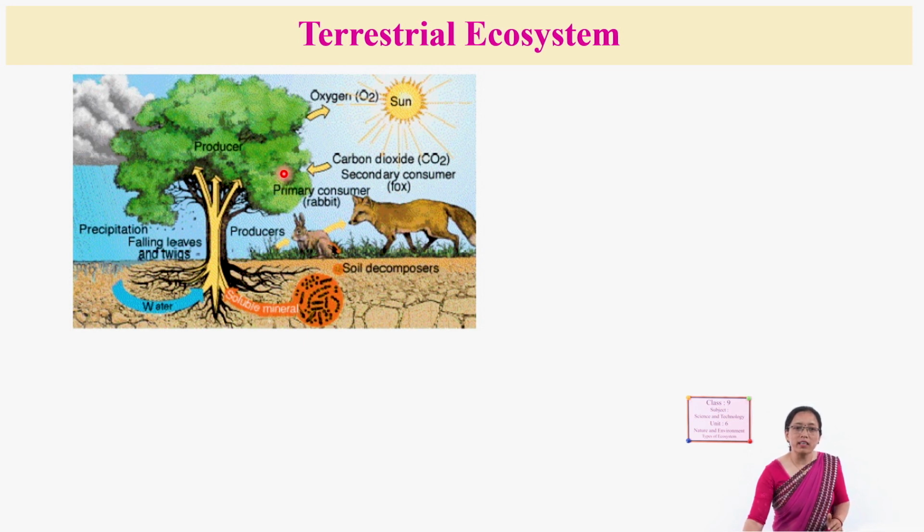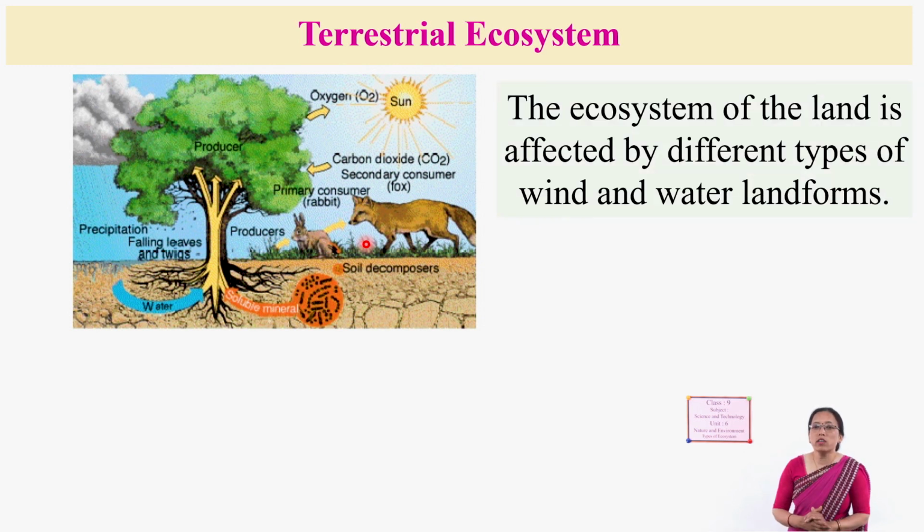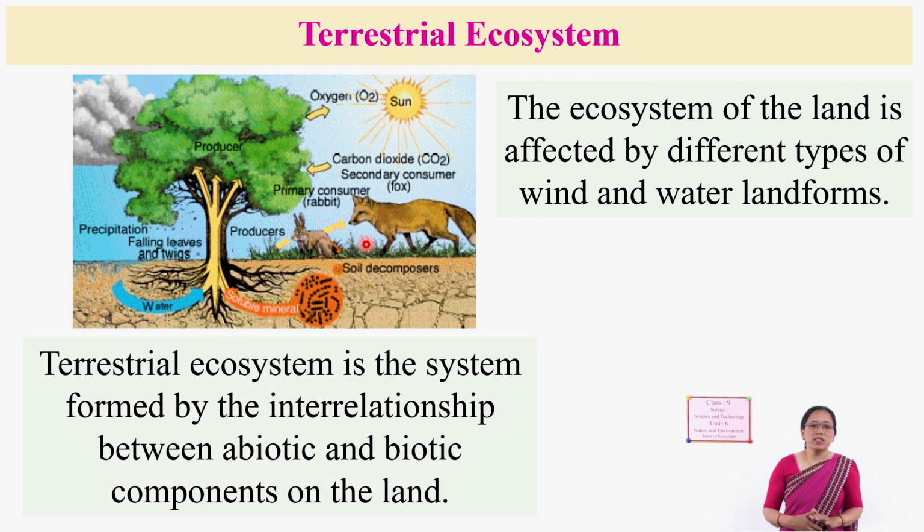As it is taking place on the land, this is called a terrestrial ecosystem. Here this terrestrial ecosystem is affected by different kinds of landform, wind, water and other physical factors. This terrestrial ecosystem is formed by the interrelationship between abiotic and biotic components which are present in the land.